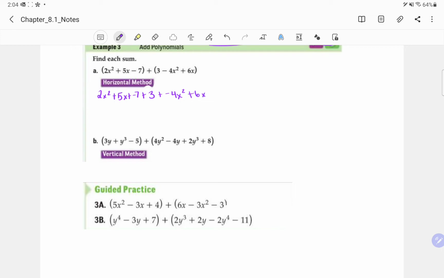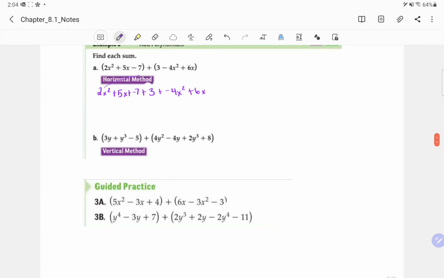All you need to do now is, we rewrote everything as addition so that we can get all of our like terms next to each other. So I have 2x squared plus negative 4x squared. That's a like term. Like terms have the same exponent and variable.